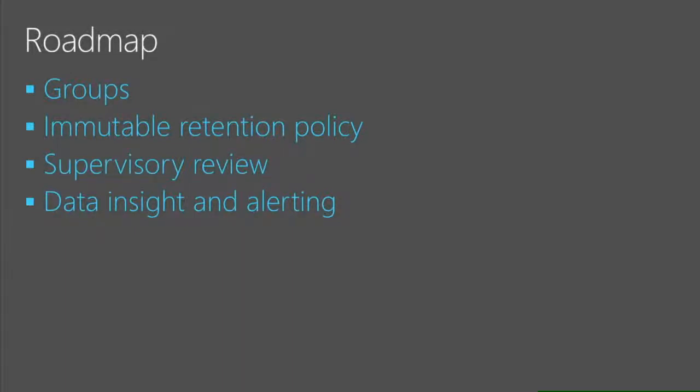The final one is an interesting one. Nobody talks about it, but I do want to bring it up because we have an entire dev team working on it. We generate a lot of data in Office 365, and with big data and all the analytics that have come in, we want to build features that help you. Let me give you a scenario. You're using a third-party archive.